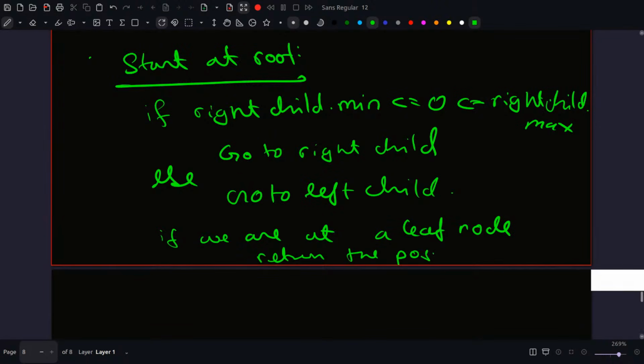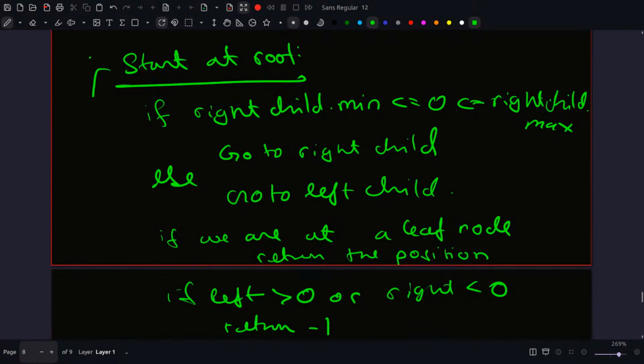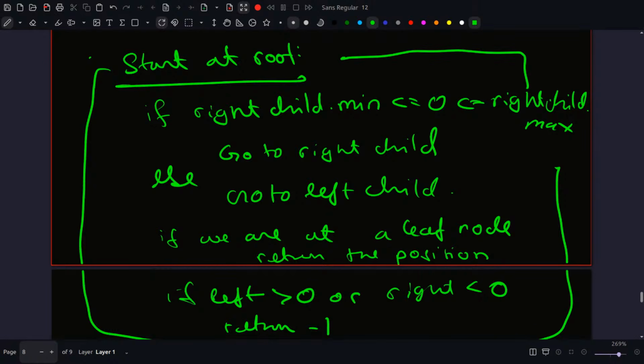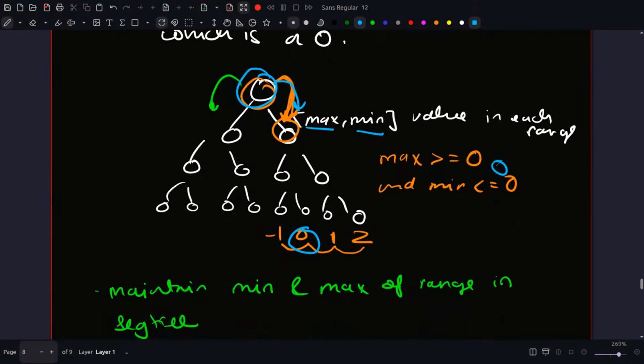And if it ever goes out of range, for example if left is greater than right, that means we have completely gone out of range, so we can return -1, meaning there is no zero. So this kind of recursion starting at the root of the segment tree is going to find us the rightmost 0 in the segment tree. Basically, if the min and max have a 0 in between, that means the 0 must have occurred in the array, and we can go down the array.